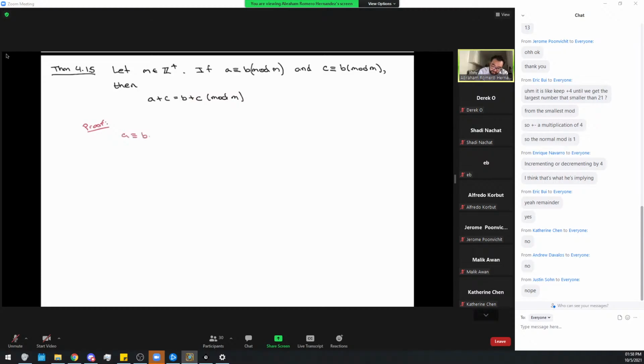If A is congruent to B mod M and C is congruent to B mod M, then M divides A minus B and M divides C minus B respectively. I know I didn't state it, where M is a positive integer and A, B, and C are integers.